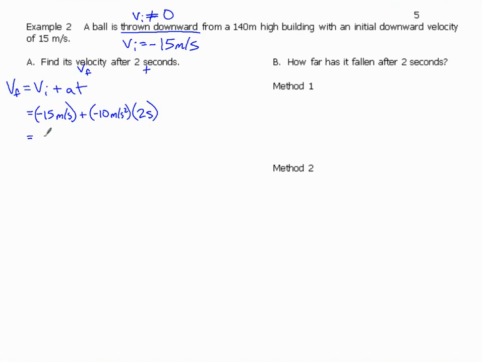And so we end up with negative 15 meters per second plus negative 20 meters per second. It's downward velocity after 2 seconds: negative 35 meters per second. Again, the negative represents down.